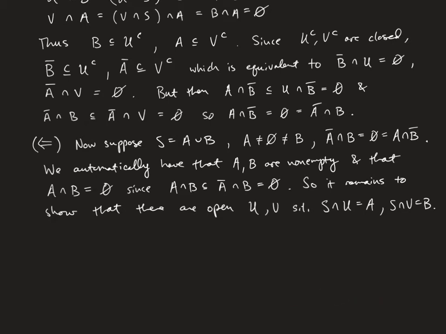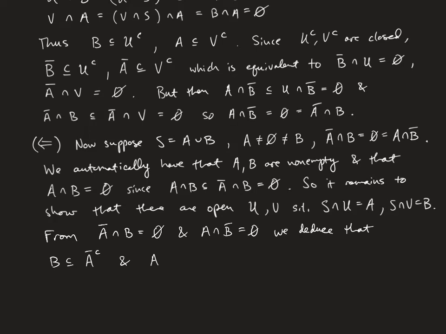So it comes from these two facts here. From A closure intersect B equals the empty set, and A intersect B closure equals the empty set, we deduce that, from the first one, B is contained in the complement of A closure, and A is contained in the complement of B closure.